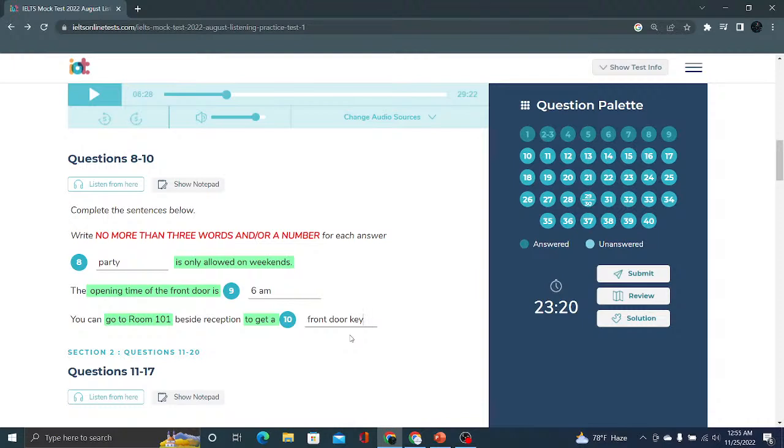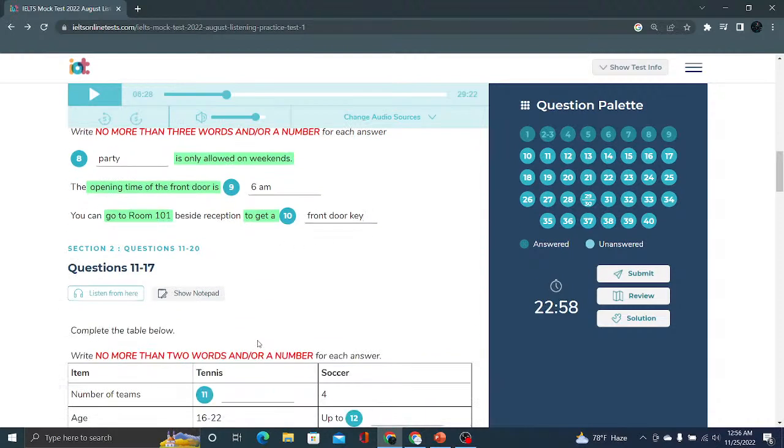And the student was asking how could we get the front door key, and the lady was replying that you can go to residence office building and get your key in room 101. So the answer would be front door key.